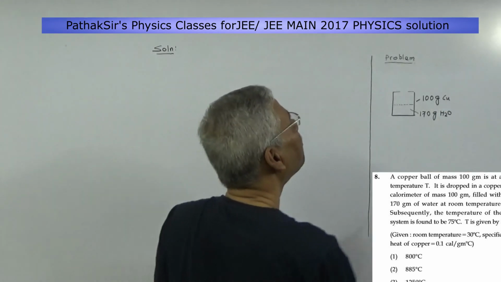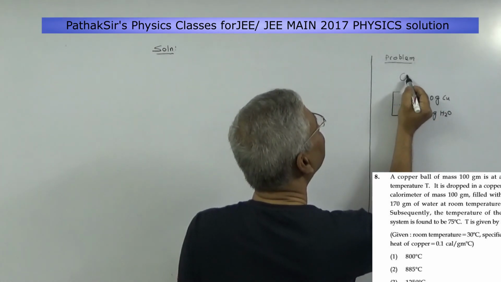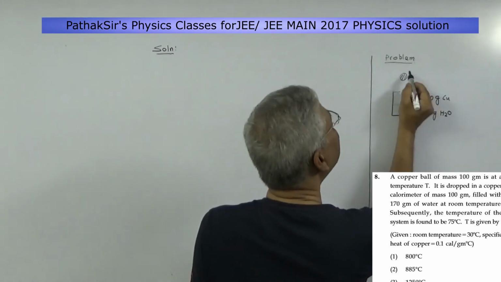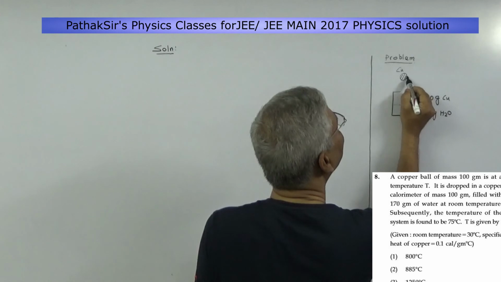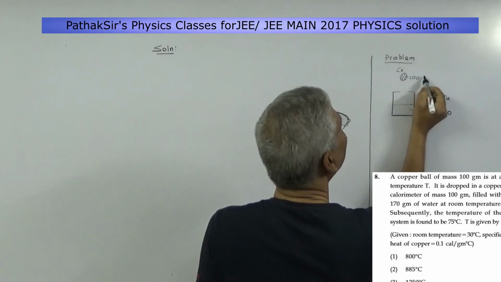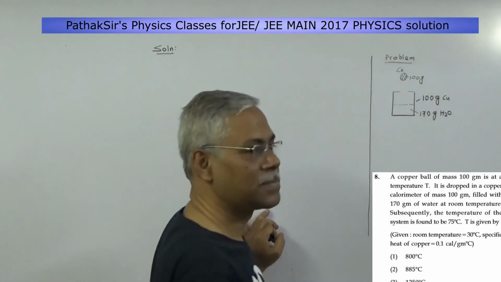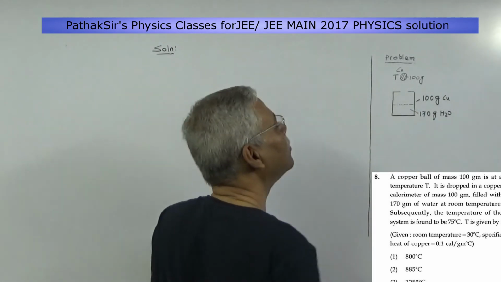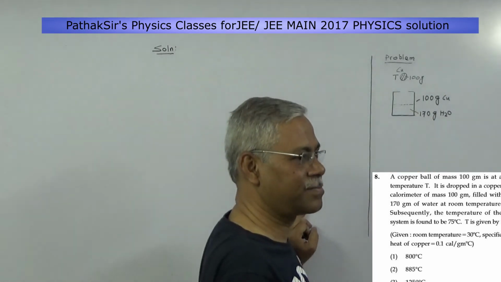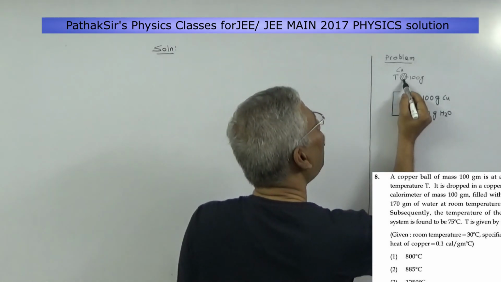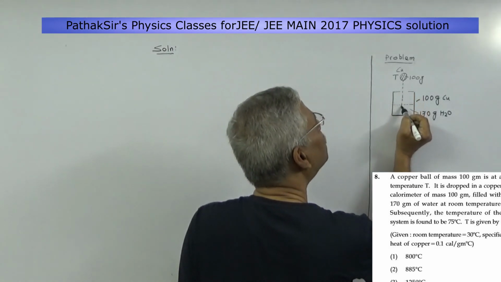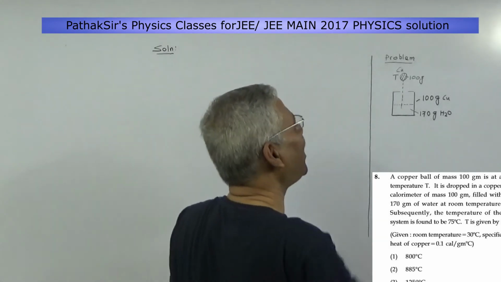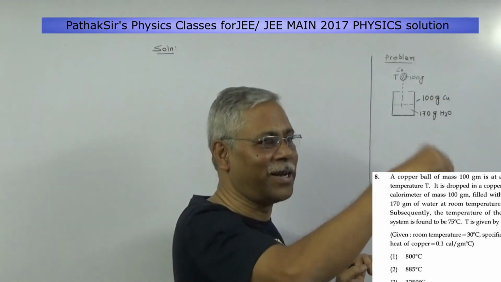Then there is a copper ball. Its mass is also 100 gram. Its temperature is not known, T. Then this ball is dropped in this. Obviously it will be followed by stirring and all.